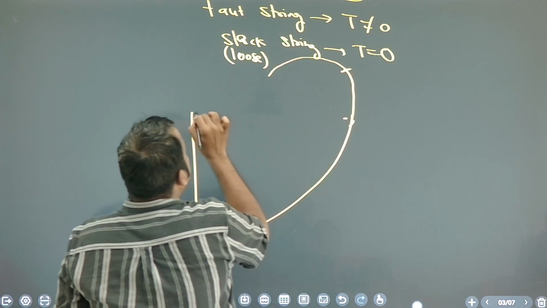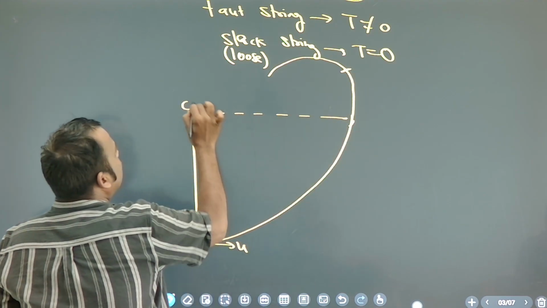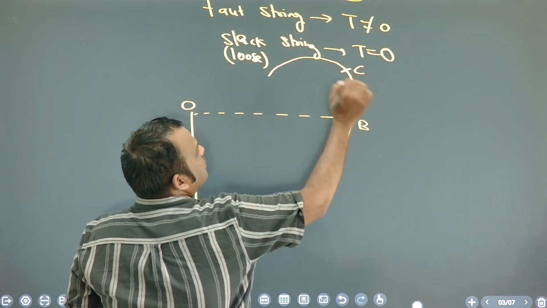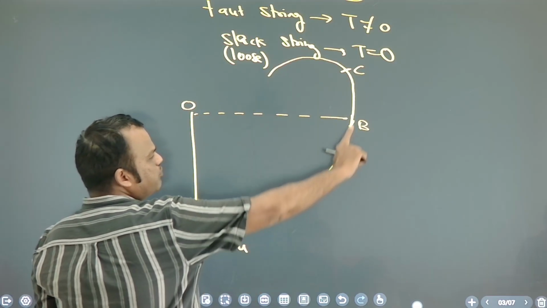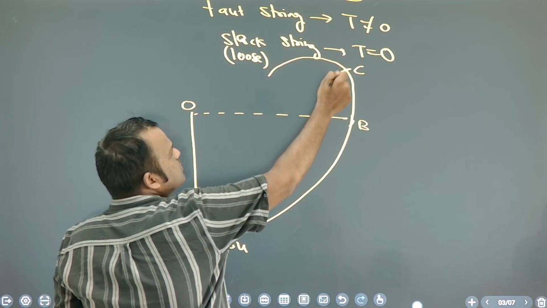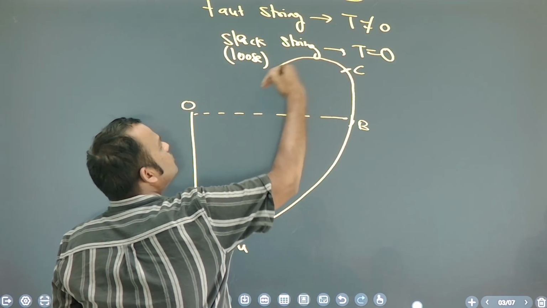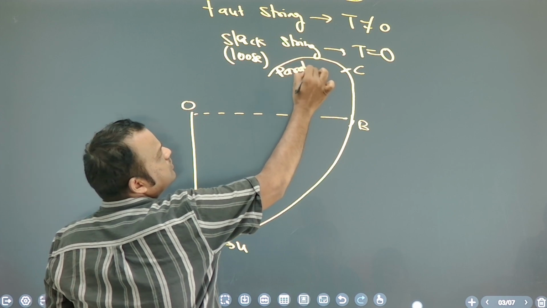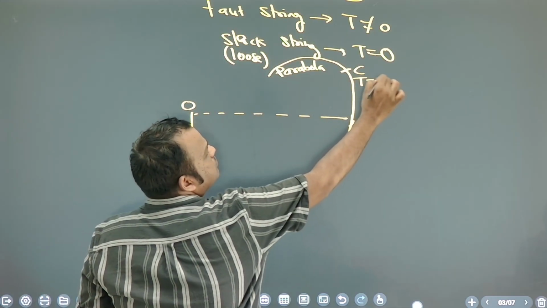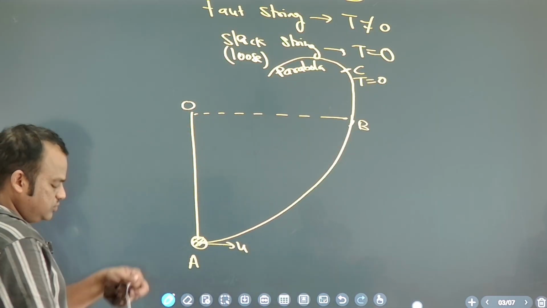Suppose this point is O, this is A, this is B, this is C. So A to B, what type of path? Circle. B to C also circle. But after C, it is parabola. What type of path is it? It is parabola. So at C, what is 0? Tension 0.